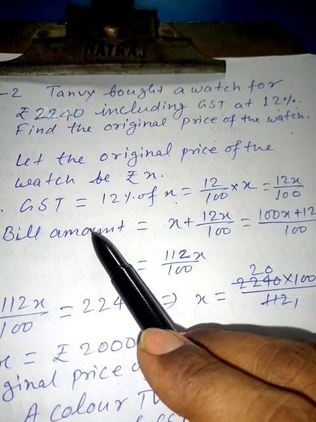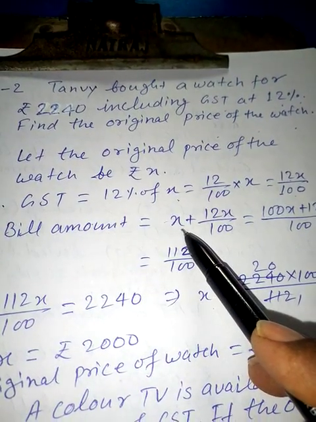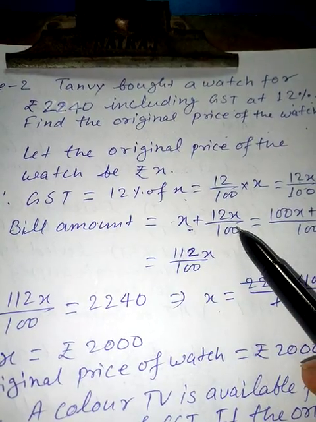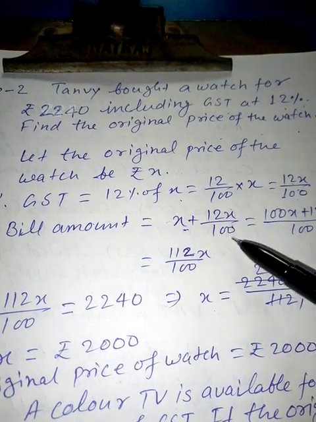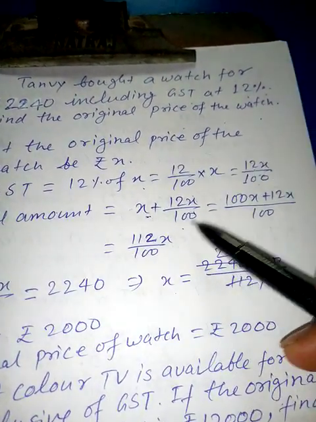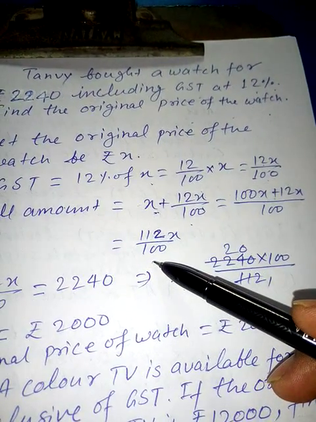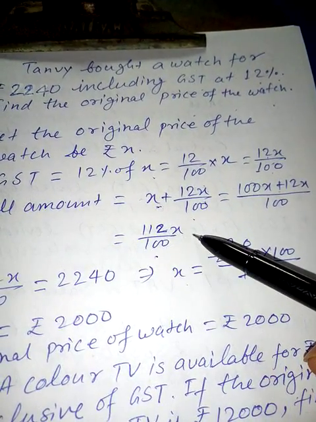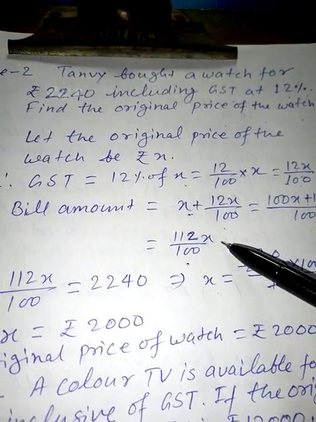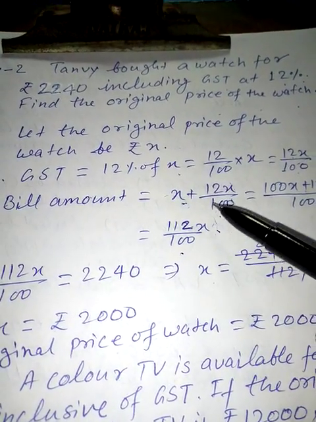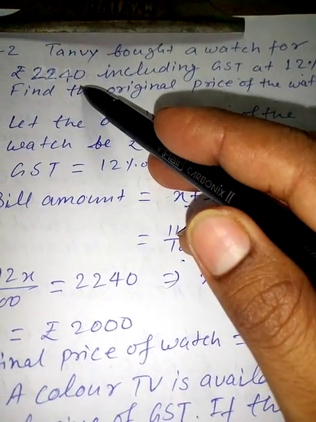And you know the bill amount is the cost price, the original price, plus the tax. Tax will be 12 by 100 X. It will give you 112 by 100 X. According to the question, this is the bill amount and the bill amount is 2,240.